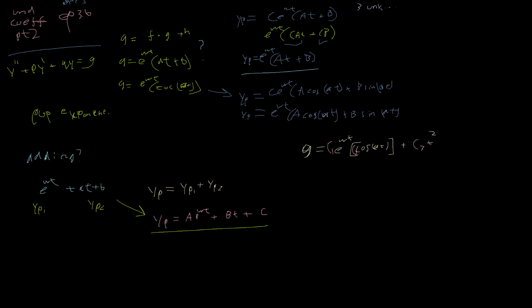So what is this particular solution going to look like? Well, write this out. Okay, a e omega t, or no, oops, I made a mistake. A e to the omega t times (a cosine omega t plus b sine omega t) plus a t squared plus b t plus c.